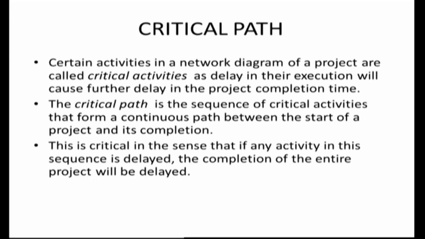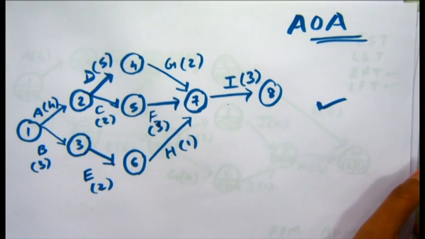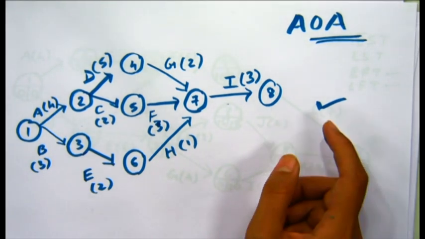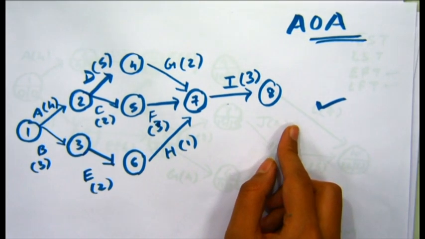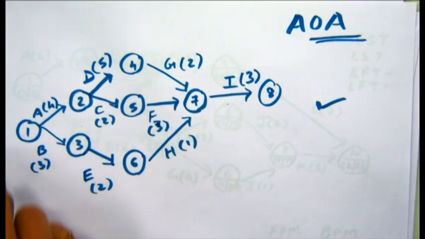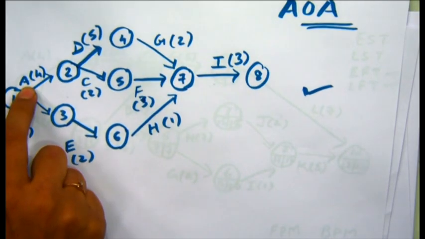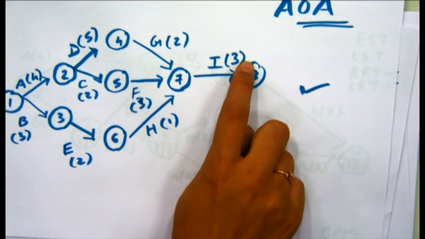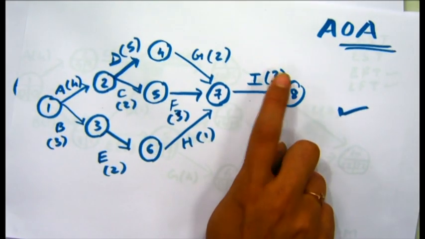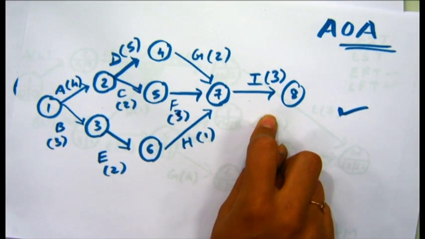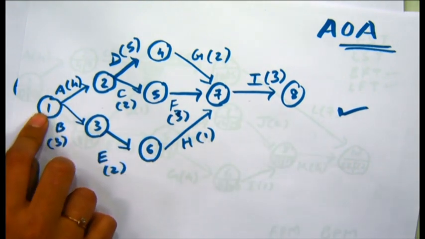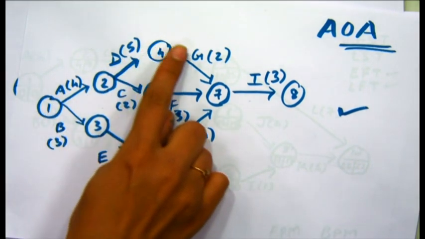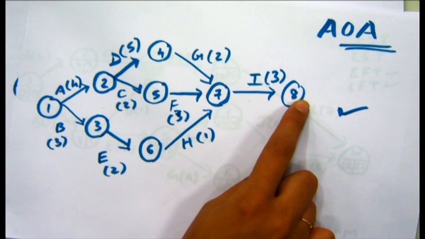As you can see, my friends, this is the network diagram of the first example that we did in our first session. We have developed a network involving certain activities starting from A till I. The figures seen in the brackets are the times that each activity will take for its completion. Now, to start with, we can have multiple paths to reach towards the end node, which is 8.